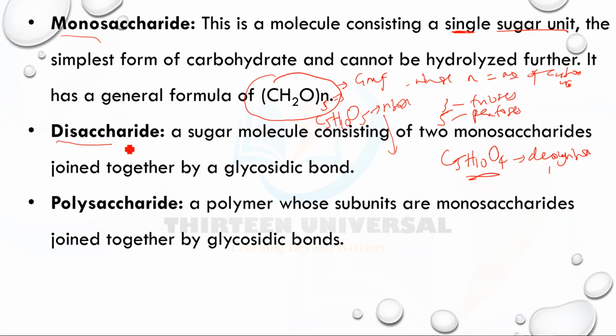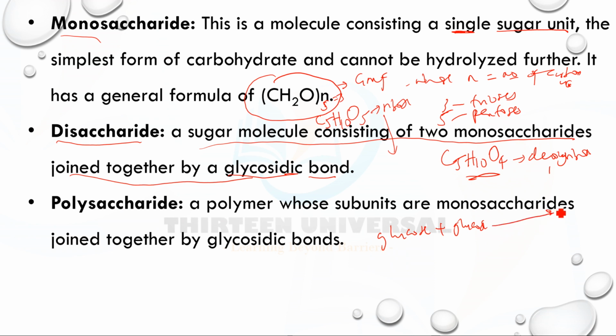Now, a disaccharide is a sugar which consists of two monosaccharides joined together by a glycosidic bond. I told you that is a covalent bond. For example, if I have glucose plus glucose, and both of them are alpha glucose and they undergo condensation reaction, we're going to have maltose and water. This reaction is condensation reaction; the backward reaction is called hydrolysis.